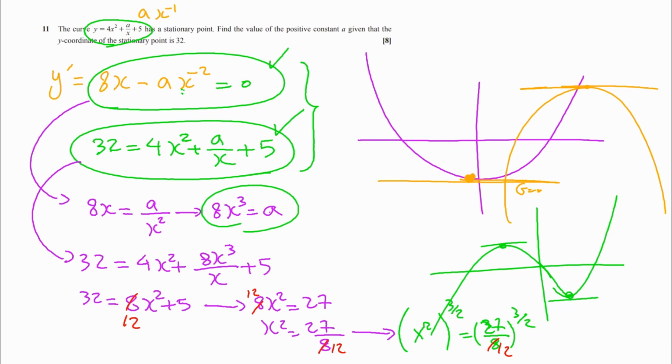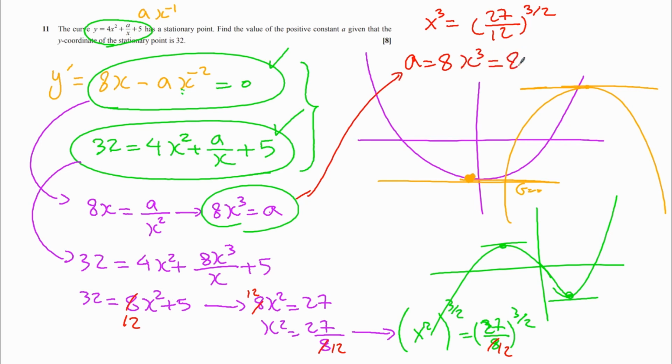So if I do that in here, x cubed equals 27 over 12 to the power of 3 over 2. Now my a would be equal to 8 times x cubed.